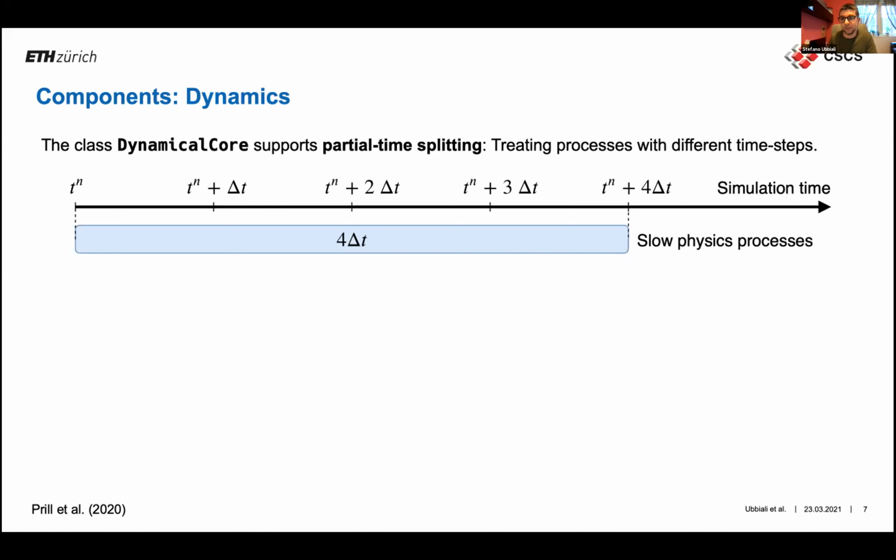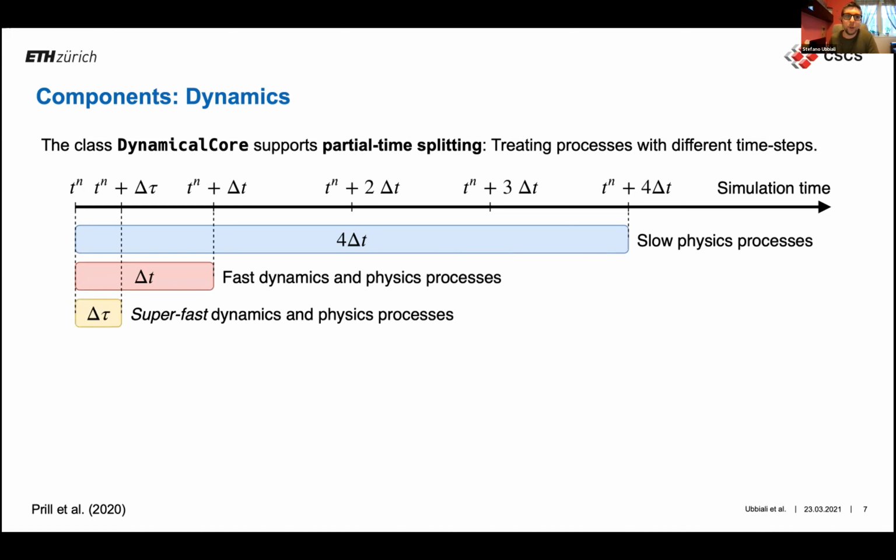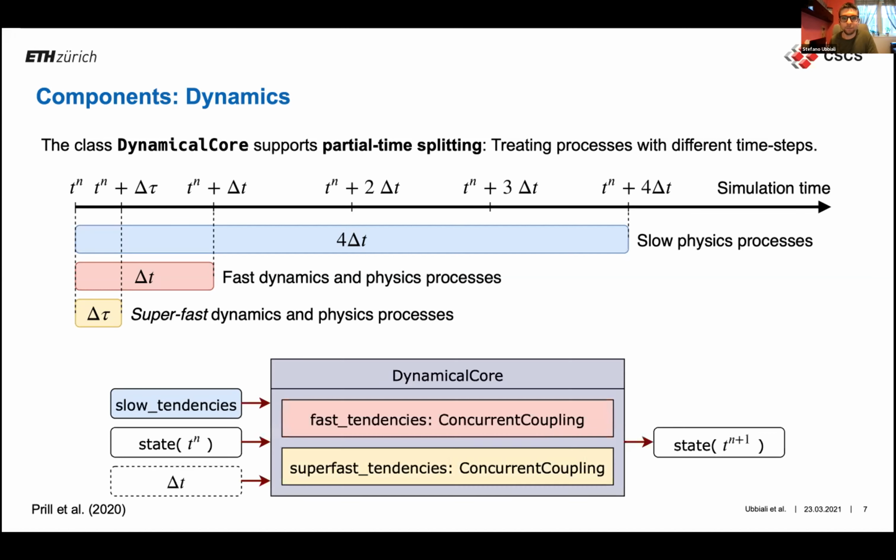Radiation is a stunning example of this kind of process. Then we have fast dynamics and physics processes, which are characterized by timescales which are comparable with the time step, and so need a few evaluations per time step. Finally, we have what we call super fast processes, which occur on shorter timescales, and so need many evaluations per time step, and so they're usually treated with a time step delta tau, which is shorter than delta t.